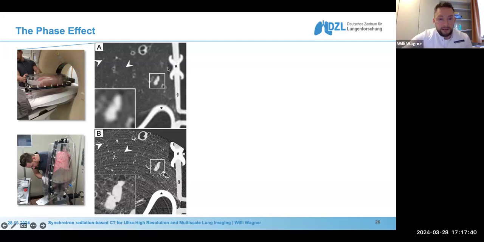And as you can see already, like you guessed, this is clinical CT, this is synchrotron CT, and the image quality is way superior. You have much more detail, especially when it comes to small structures, not only healthy structures, but also, in this case, artificially induced lung nodules. Per se, the precursor of lung cancer.